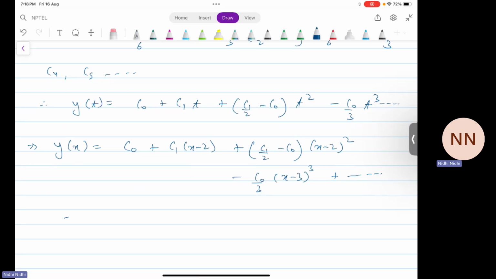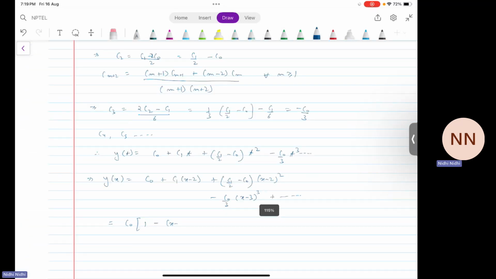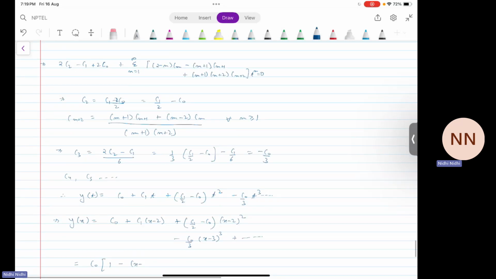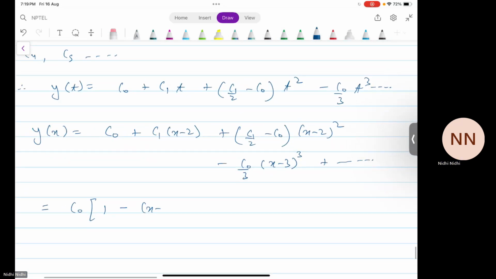Let's just write terms involving c0 and c1 separately. We get c0 times 1 minus (x minus 1), oh, what was our point? t was x minus 1. I'm so sorry, this is x minus 1.